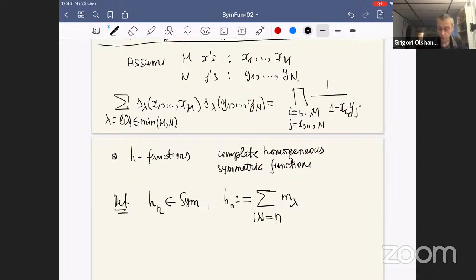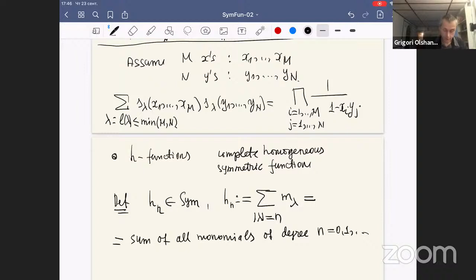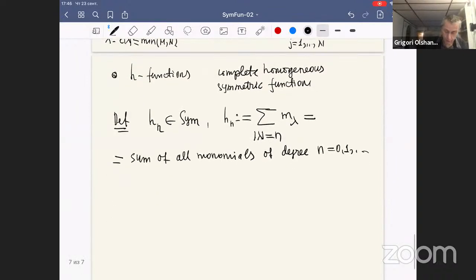This is why it is called complete, or which is the same, the sum of all monomials of total degree n. We agree, this is some kind of agreement, that h sub 0 is equal to 1.